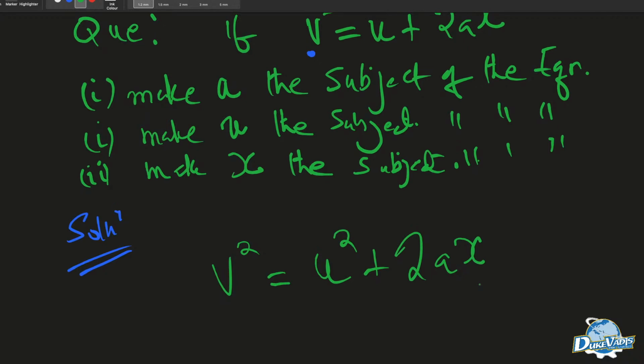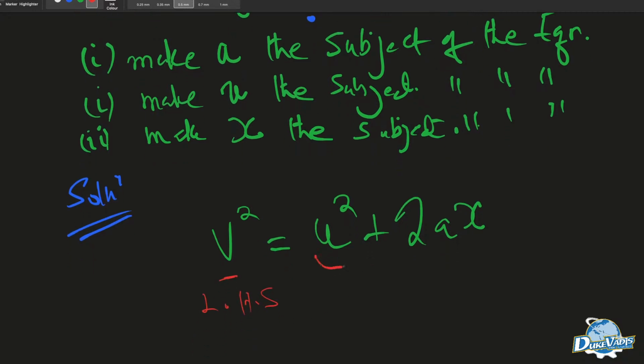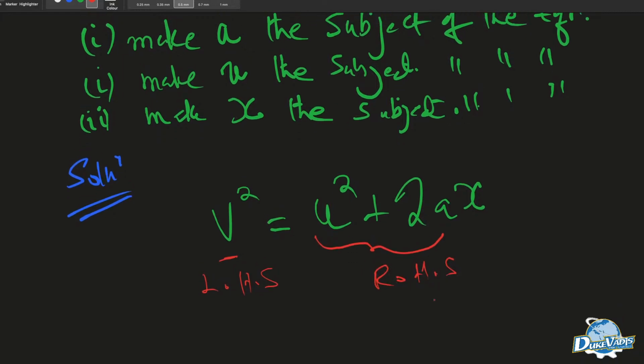If you look at it very carefully, this is the left-hand side, and this is the right-hand side. Beautiful. So now, our interest is to make this small a over here the subject.